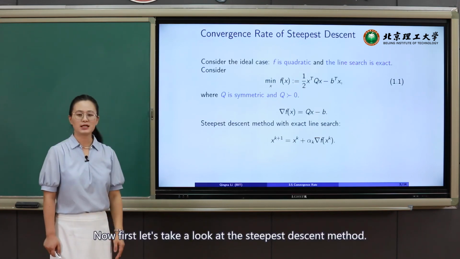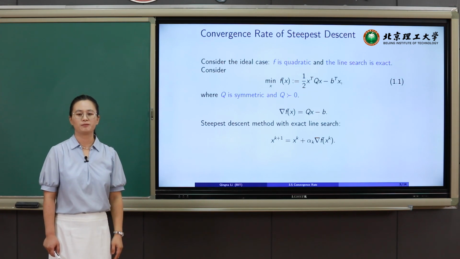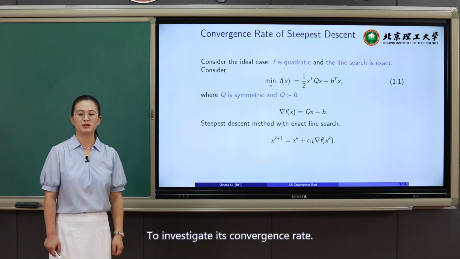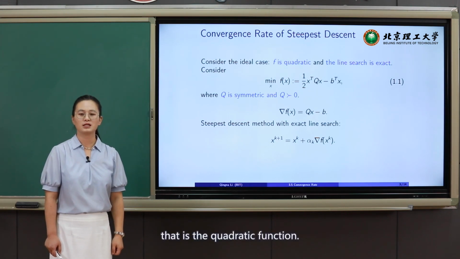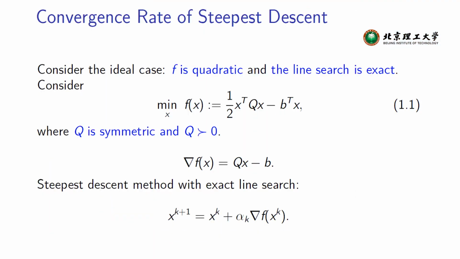Now, first let's take a look at the steepest descent method. To investigate its convergence rate, let's first study a very simple case, that is the quadratic function. Let's first consider the ideal case, where f is a quadratic function with the Hessian matrix Q positive definite.